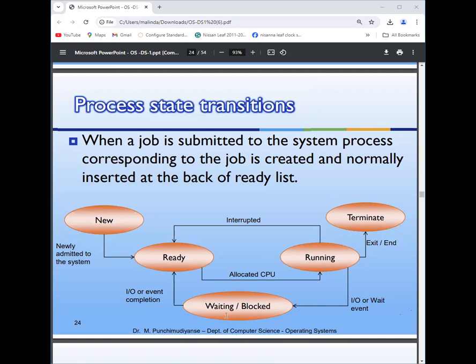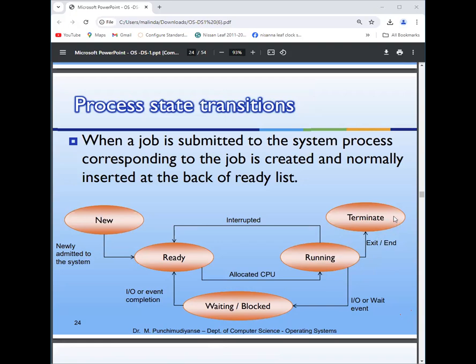Then when that output is received, that is, that event is completed, it can again be put onto the ready list, waiting for CPU time. Then after running, the process can be terminated in four ways: it can finish the job, or it can be killed by a user, or it can be an error exit, or anything can happen and it will terminate.